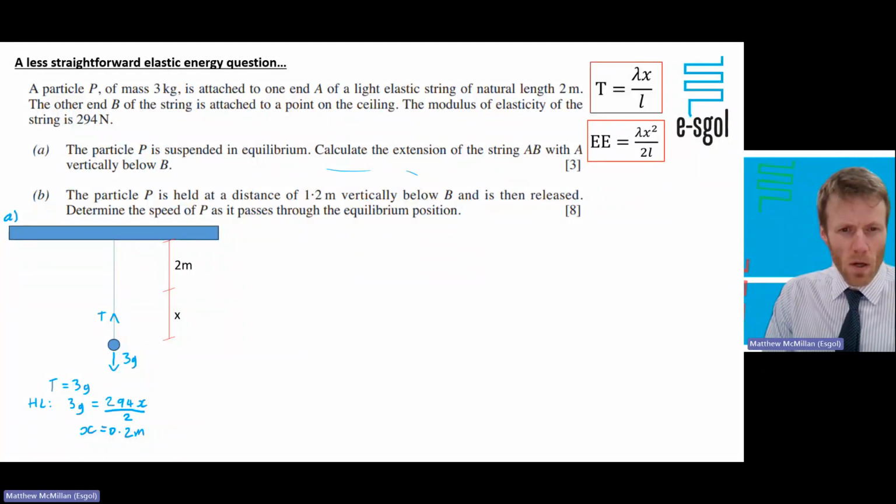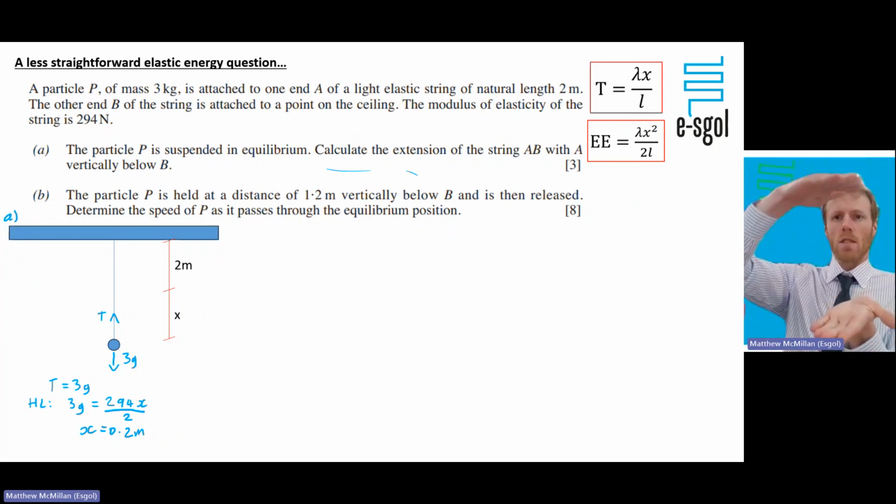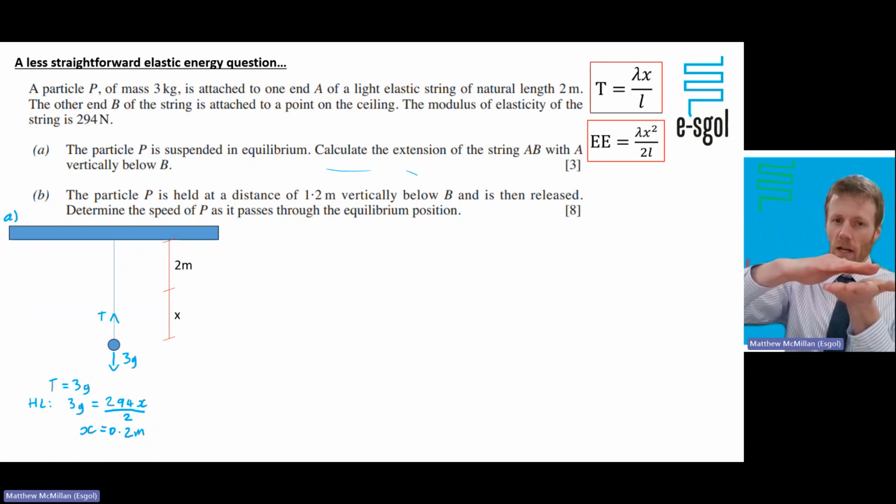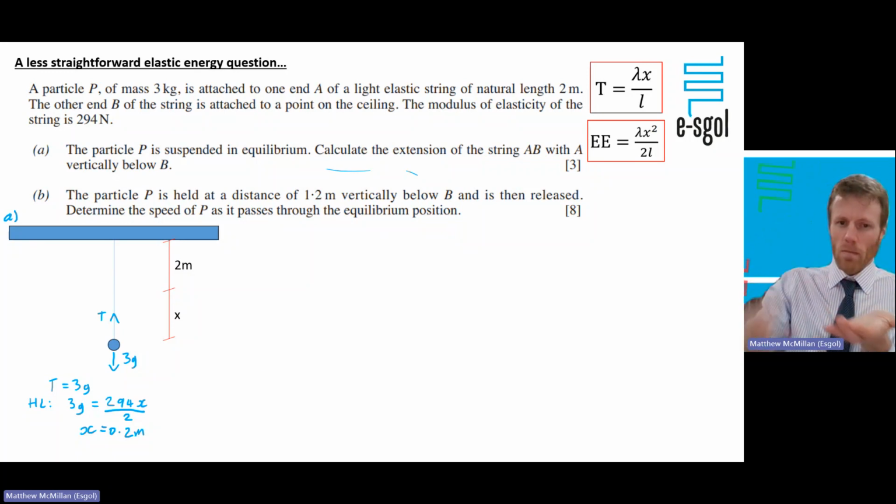So we've got this particle. This time it says it's held at a distance of 1.2 meters. If I had an elastic string with a natural length of 2 meters, and I have it shorter than that, it's not a spring, so it's not going to be pushing out like a spring would. Elastic string, it's just going to go limp.